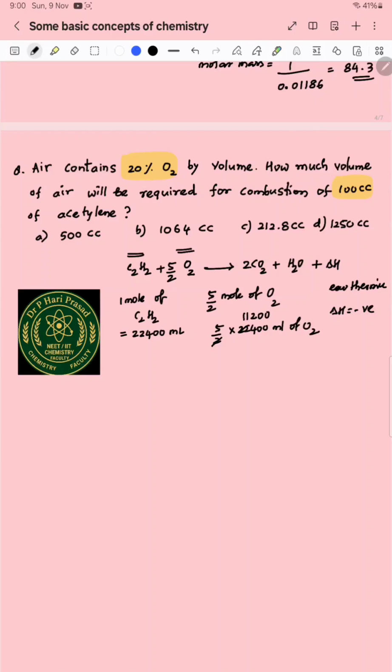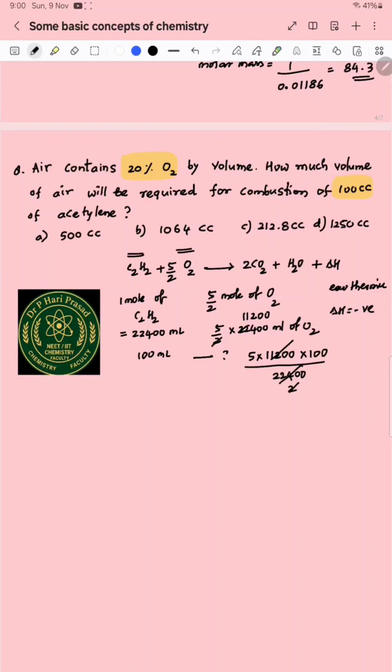Now look at it. It is given as 100 ml of acetylene, right? So therefore, 100 ml of acetylene combines with how much O2? So the general method, the unitary method: 5 into 200 divided by 2, into 100 divided by 200.